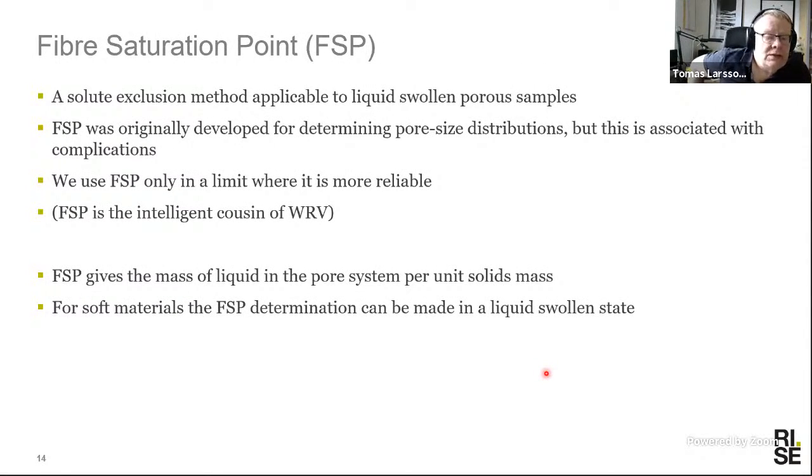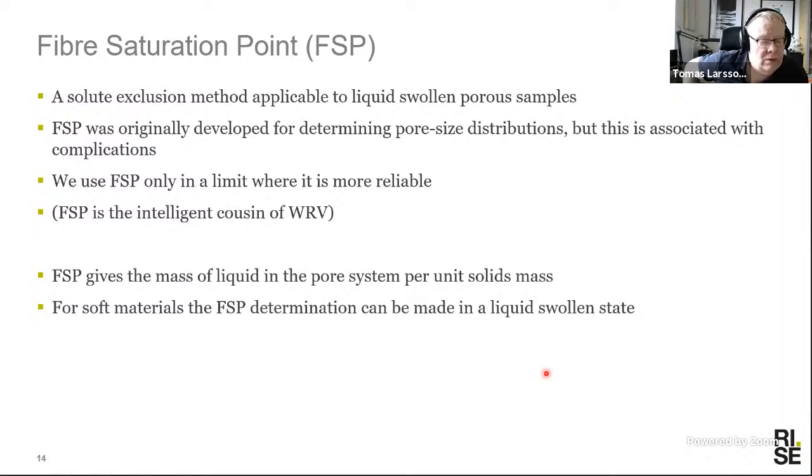The fiber saturation point method, that is looking for structural features, what's not there, the pore size. And it's a solute exclusion method. If you're familiar with water retention value, I would say that the FSP method is sort of the smart or the intelligent cousin of water retention value. It gives more reliable results, and particularly, it gives results that are in absolute terms more reliable.